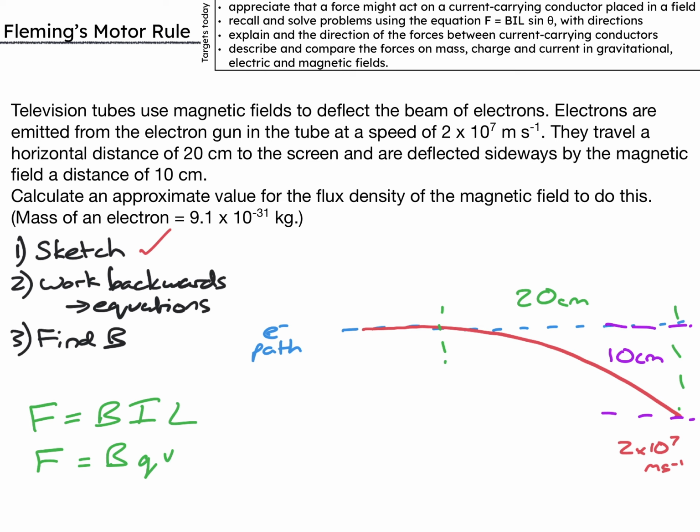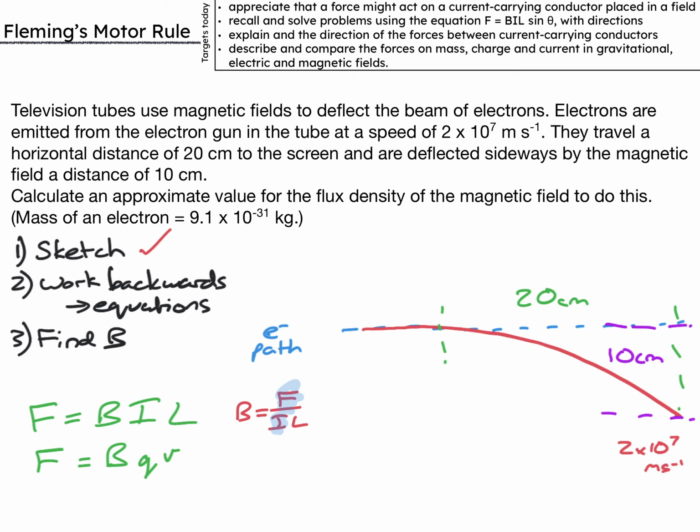So let's look at those two. For F equals BIL, we can rearrange it to B equals F over IL. We know L, but we don't know I or F. So this might not be the best equation to use. We have another equation, so let's have a quick look at that first.